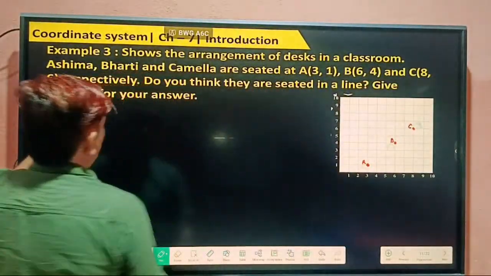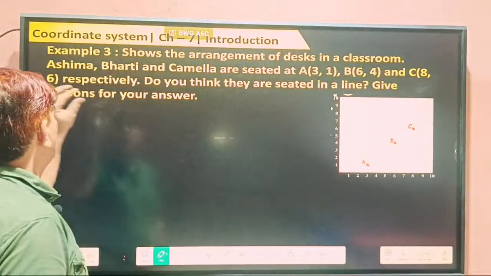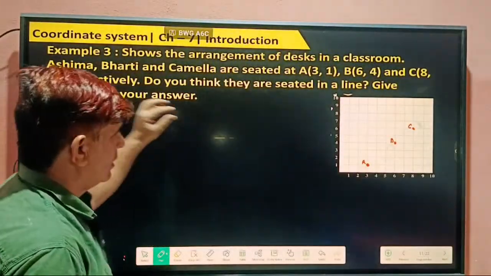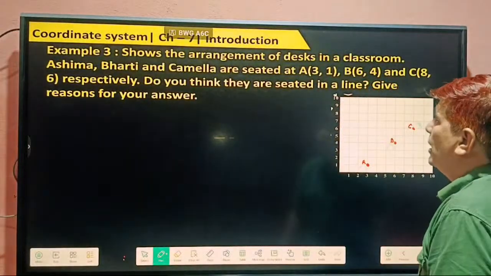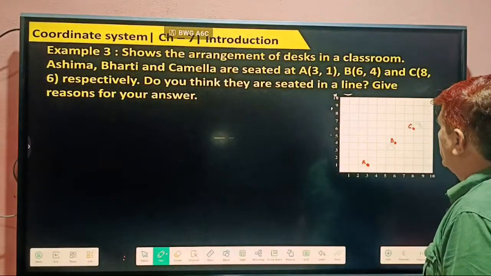Asima, Bharti and Kamla are seated at A, B and C.